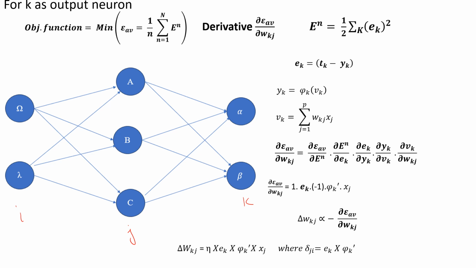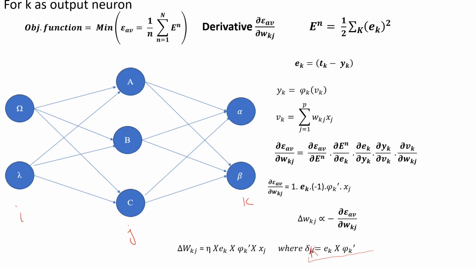Because the weight change is proportional to the negative of the derivative of error with respect to weight, if I substitute all these values, this is my learning rate into error into the derivative of the activation function into the input, where, sorry, this is not ji, this is delta of k.